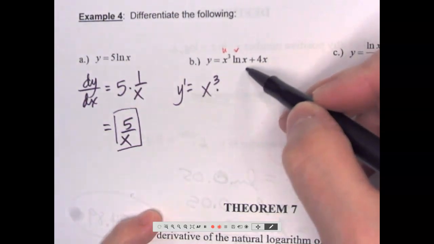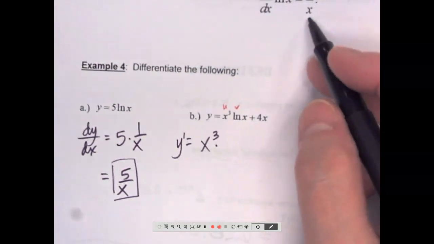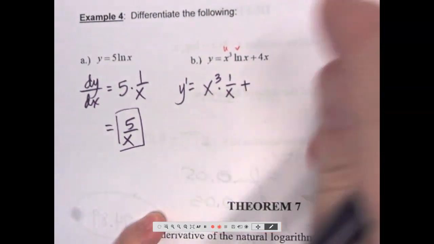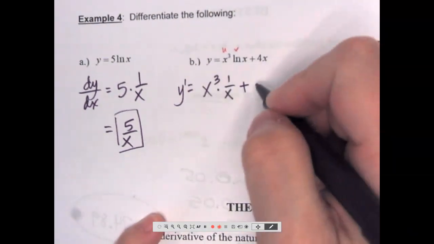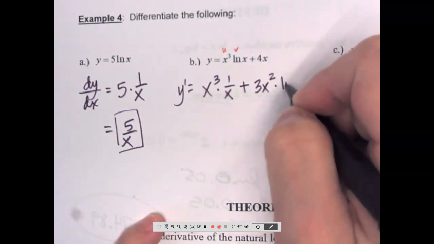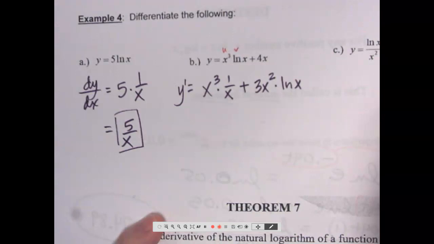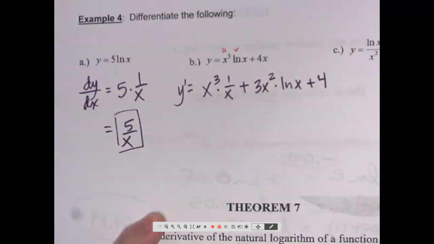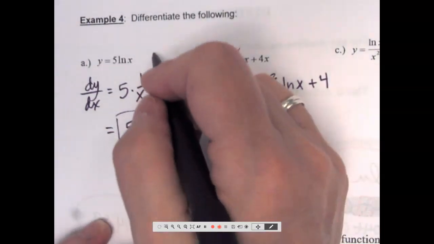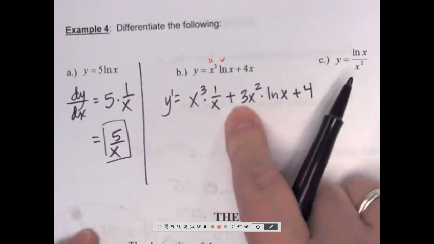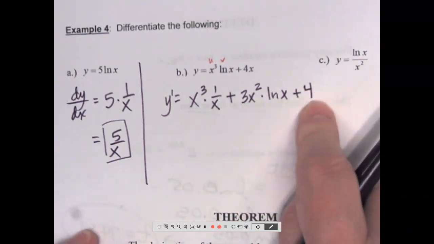Derivative of natural log x is 1 over x. Plus u prime 3x squared times v, natural log x, plus derivative of 4x is just 4. Okay, so u v prime plus u prime v, and then I moved on to the next and last term.